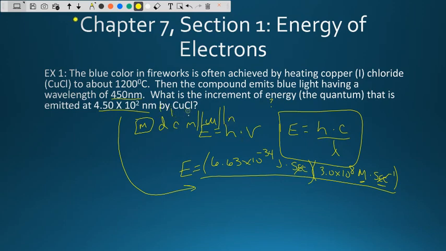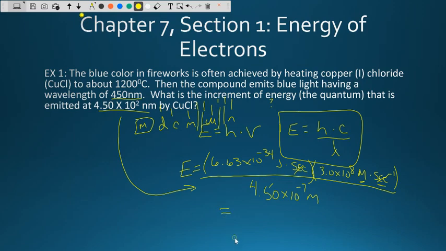So we have 1, 2, 3, 4, 5, 6, 7, 8, 9 different levels that we need to divide by. And so that's where my 4.50 times 10 to the negative 7th meters comes from. I had to divide by 9. Move that decimal to the left by 9 to get it up to meters. And so that's where my 4.50 times 10 to the negative 7th comes from.